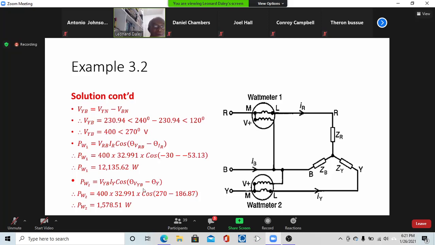This is IY. So wattmeter 2 is reading 1,578.51 watts. Everybody okay with that? Yes, sir. That's what I got, sir.